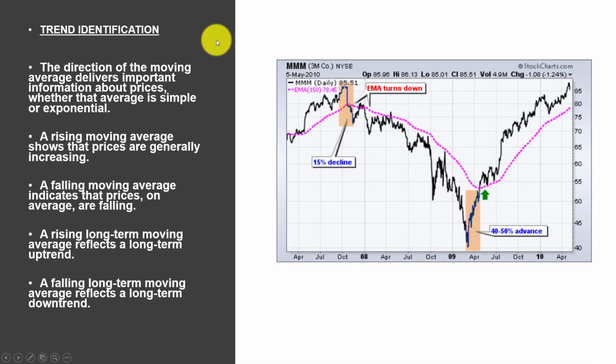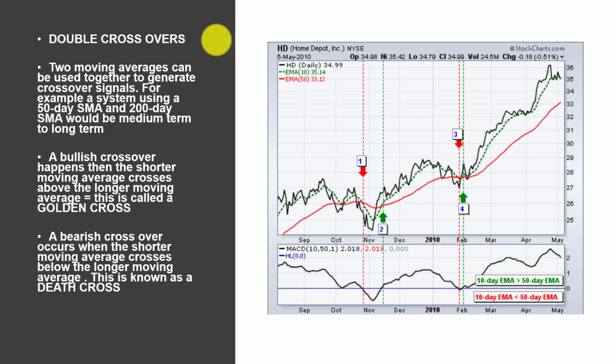Next slide. So let's look at double crossovers. Two moving averages can be used together to generate crossover signals. For example, a system using a 50-day simple moving average and a 200-day simple moving average will be a medium to long-term outlook.